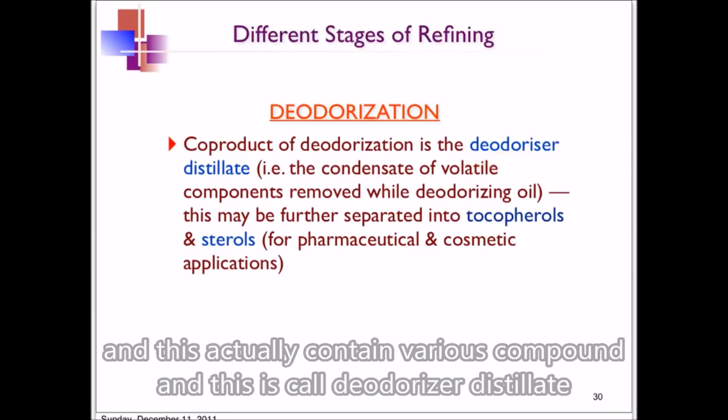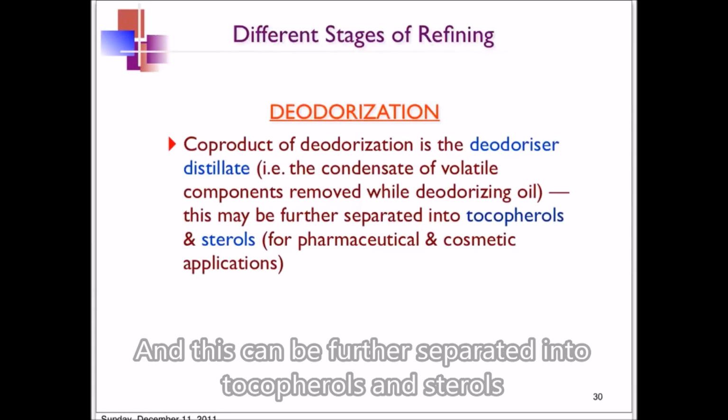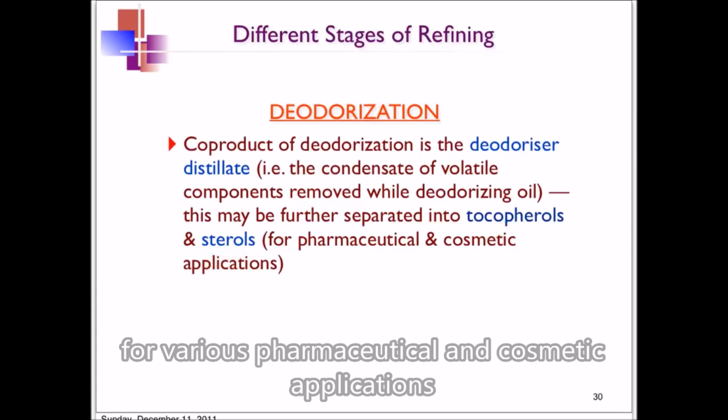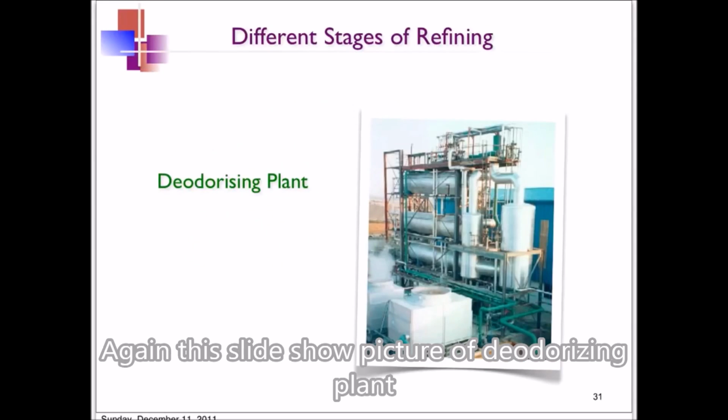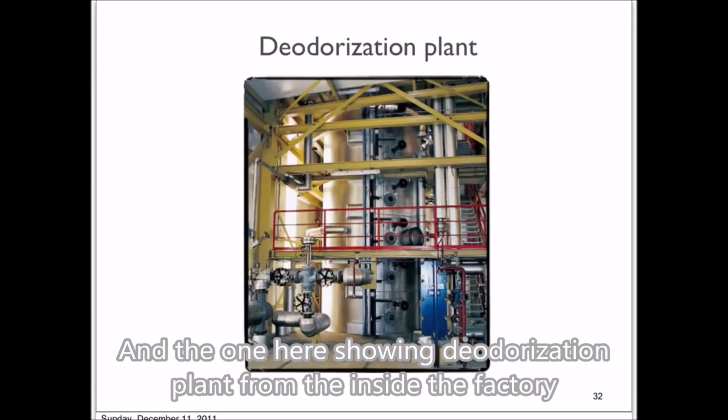It is called deodorizer distillate, and it can be further separated into tocopherol and sterols for various applications in pharmaceutical and cosmetic products. Okay, this slide just shows a picture of the deodorizing plant, and another one here showing the deodorizing plant from inside the factory.